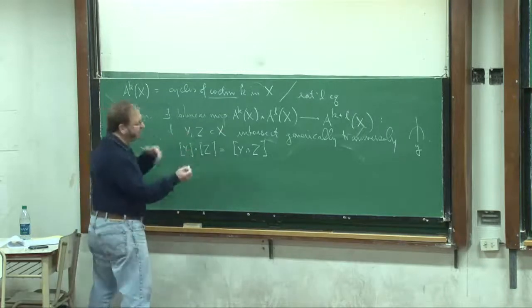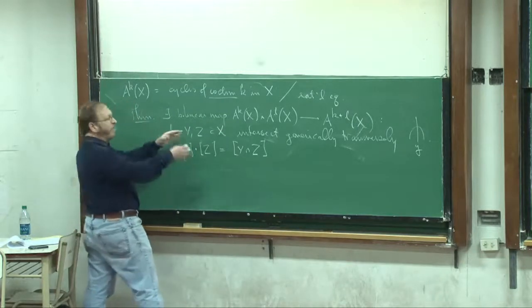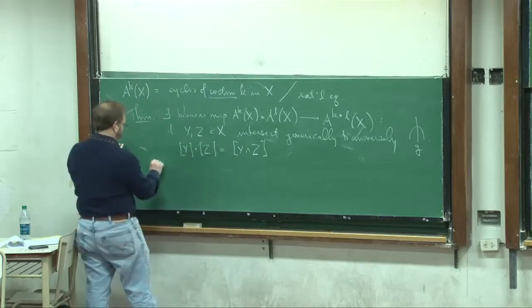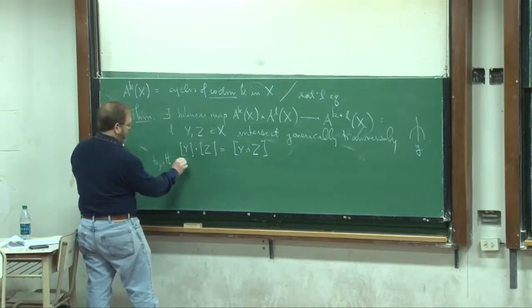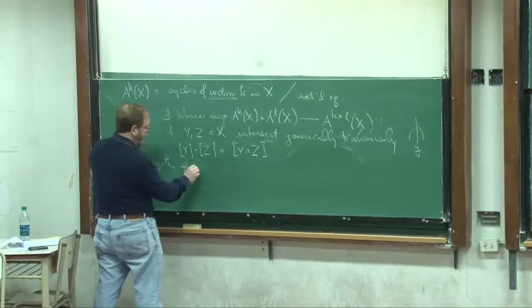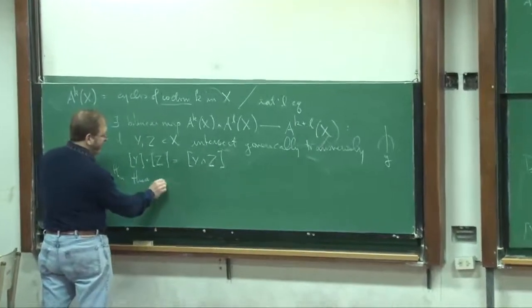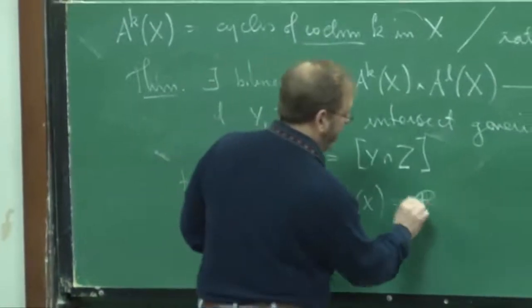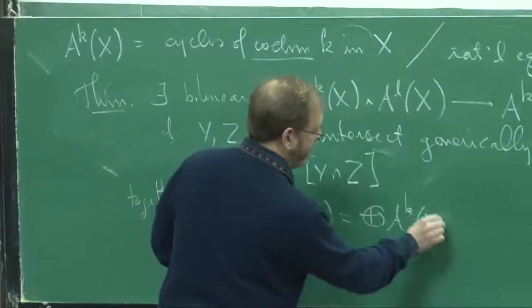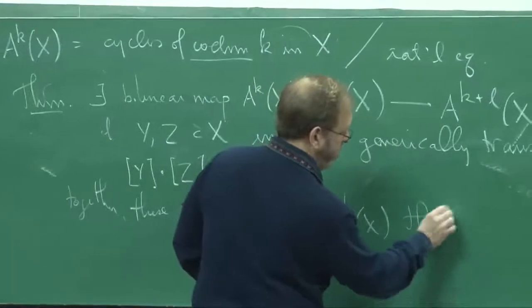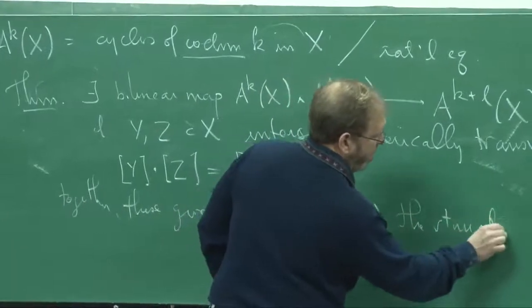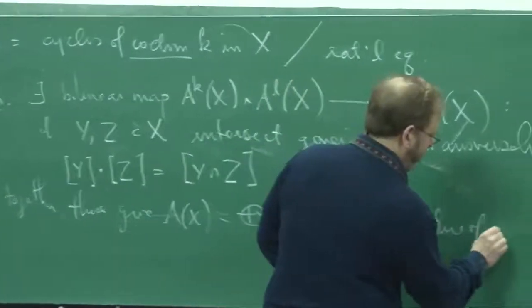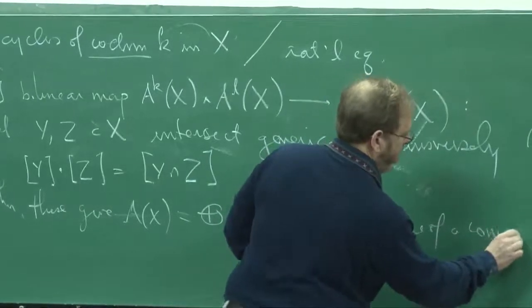Having said that, I can now, of course, combine all these maps. These intersection products give the ring A of X, which we define to be just the direct sum of these groups, A^k of X, the structure of a commutative graded ring.